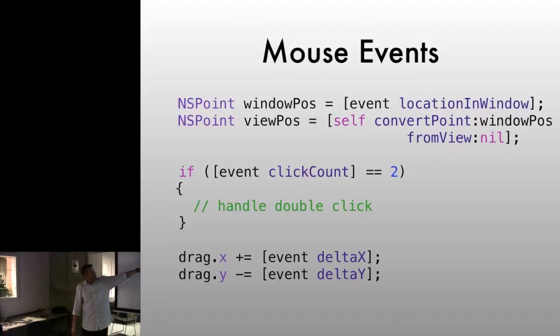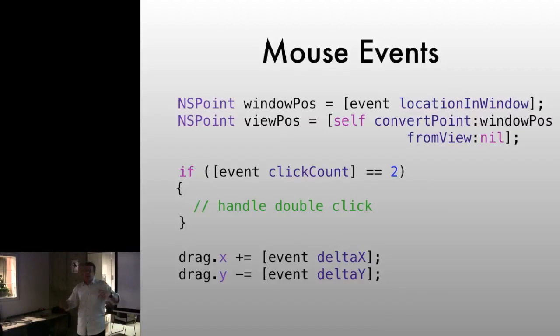Here self is referring to the view, or the view controller that contains a view. convertPoint is the method, and you give it this window position that came from the event. You can also specify which view it came from. I'll leave it as an exercise for you to see how that can actually be useful.